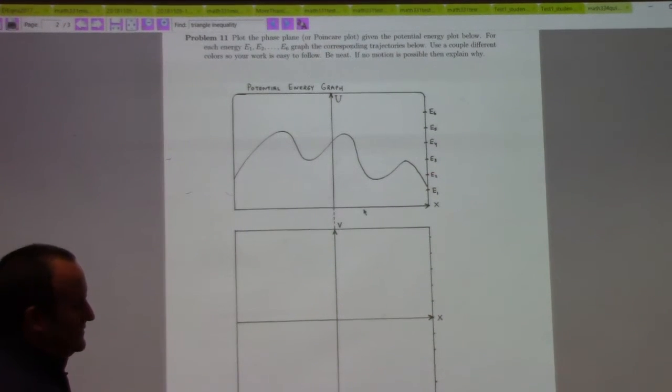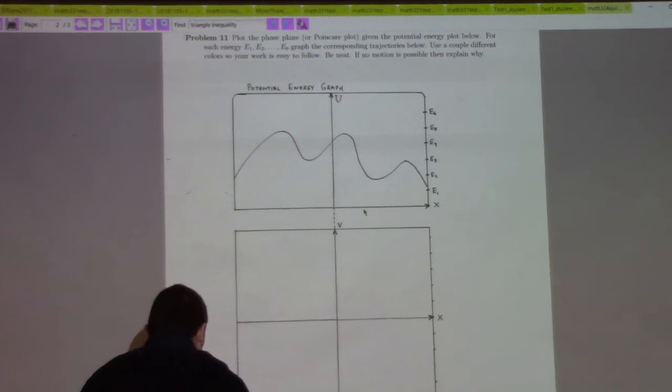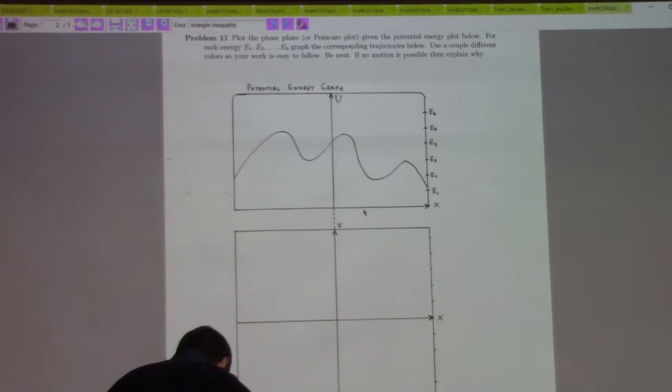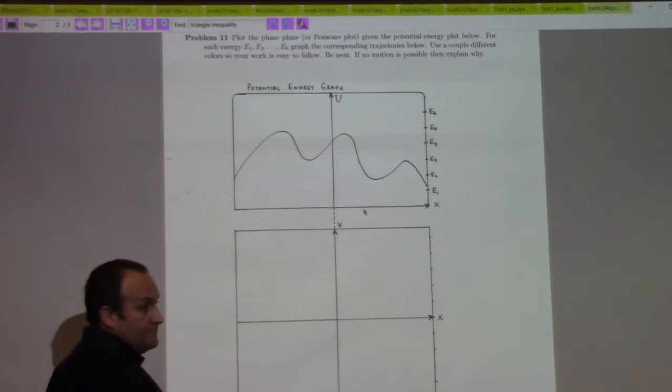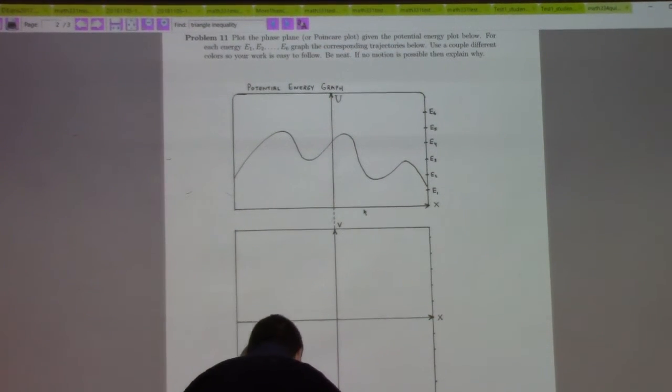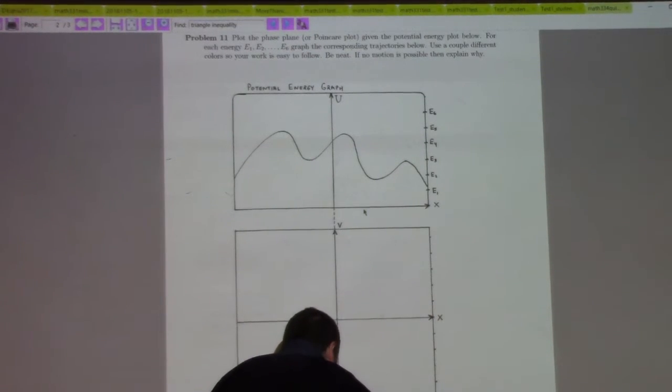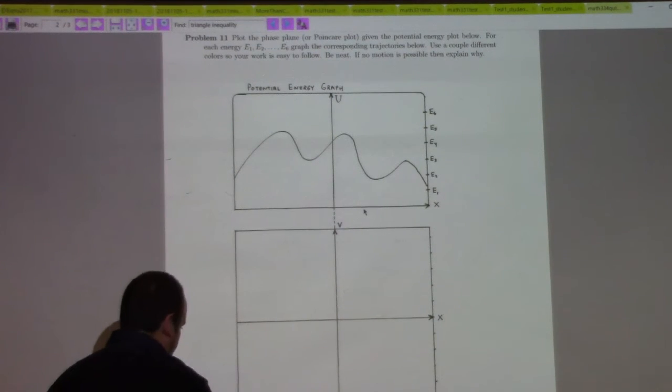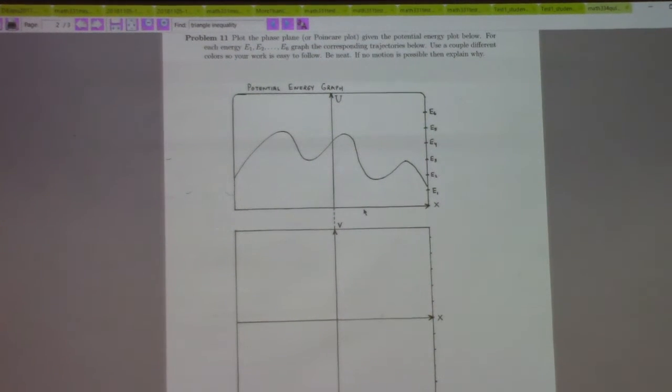So what's the net energy equal to? Kinetic energy plus potential energy, right? And what's the kinetic energy equal to? 1/2 mv squared, right? Now the potential energy is lots of different things for lots of different problems. But if the system is conservative, the total energy is conserved, and that's what we're looking at here: level curves of the energy in terms of position and velocity. But think about this.